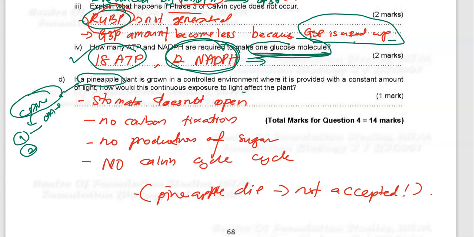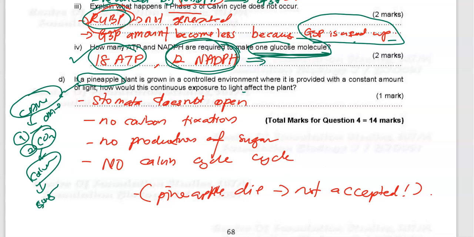Then oxaloacetate is converted into malate, and during daytime malate will be split into carbon dioxide and pyruvate. The carbon dioxide produced during daytime is crucial to be used during the Calvin cycle, whose purpose is to produce sugar, glucose.